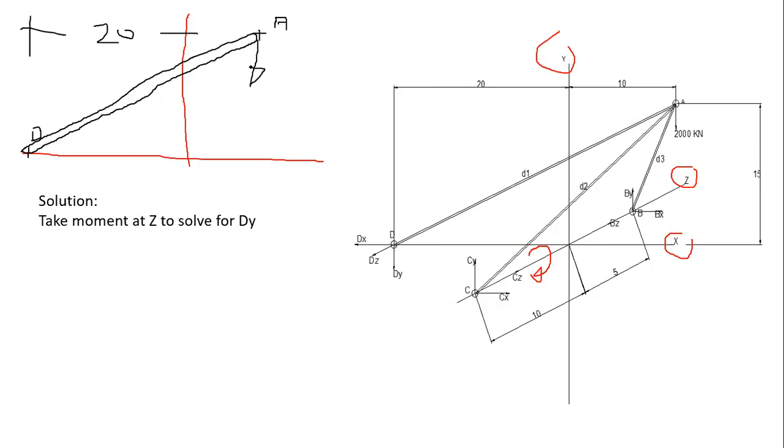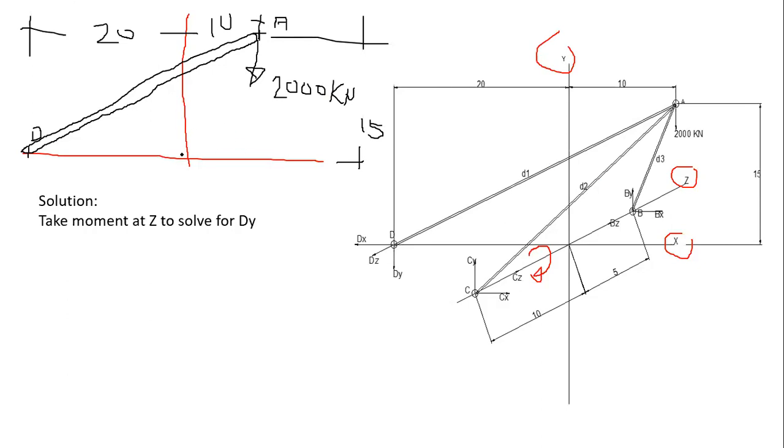And dito yung load na 2,000 kilonewton. This distance is also given to be 10, which you have a height given to be 15 meters. Let's say meters. Hindi na po na-specify, siyempre meters, hindi centimeter.